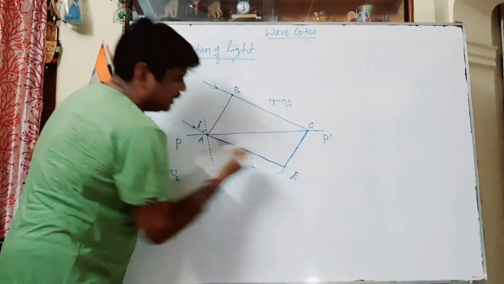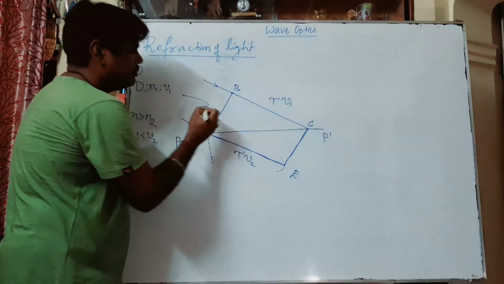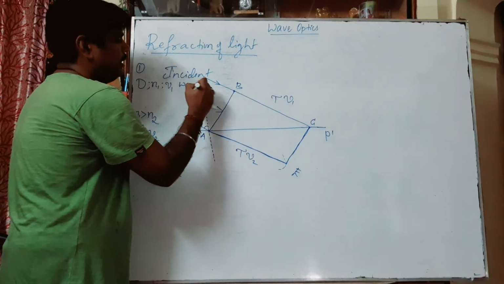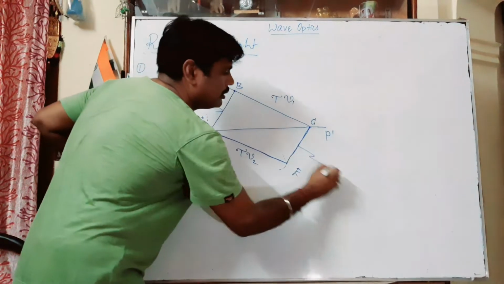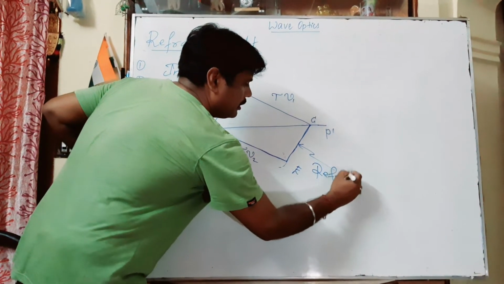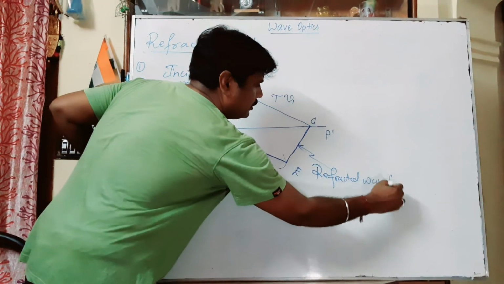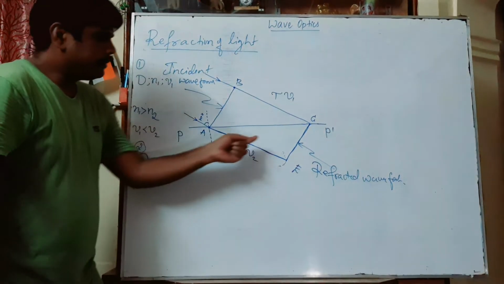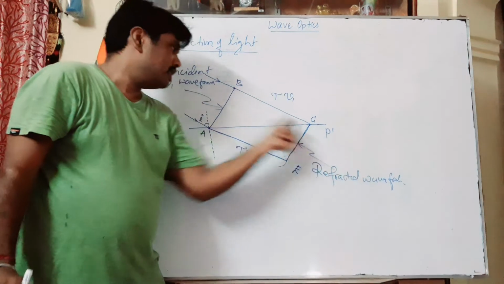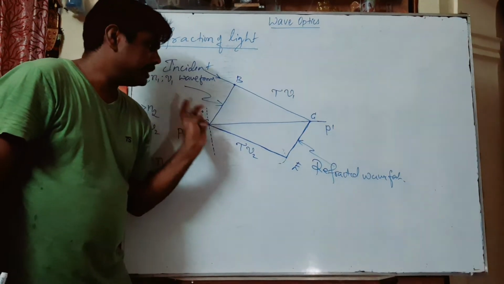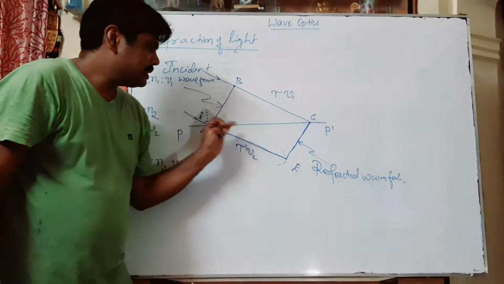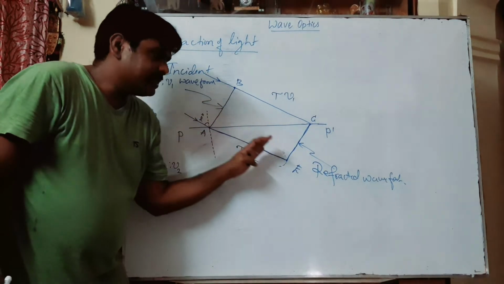Clear? So this becomes the incident wavefront, and after refraction this becomes the refracted wavefront. Why can the refracted wavefront be produced? Due to the disturbance produced by the surface P P dash on the plane wavefront. That is according to Huygens principle: each point acts like a source of secondary disturbance, and that secondary disturbance travels as secondary wavelets.